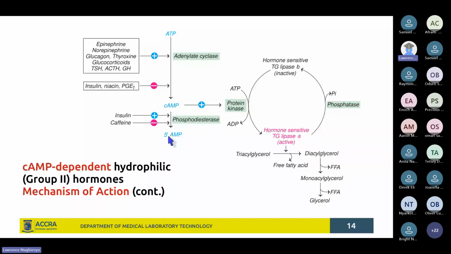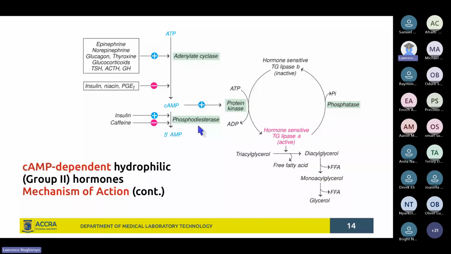And why all of this? The formation of the cyclic adenosine monophosphate is linked, as a second messenger, to stimulating a protein kinase.